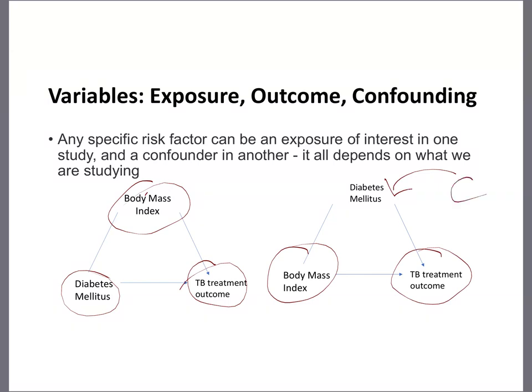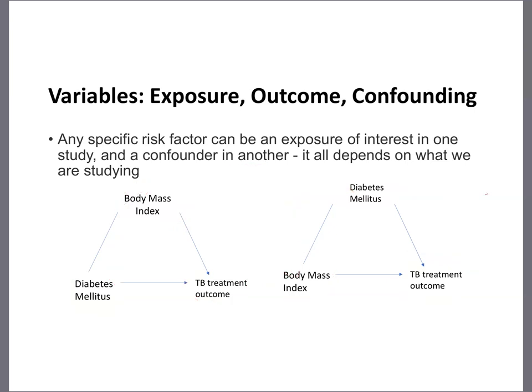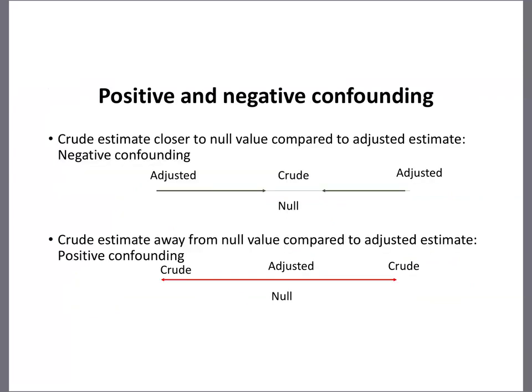So there is no hard and fast rule that body mass index will always be a confounder. Remember your age, sex, your socioeconomic status, all of these can be your exposure. They need not always be potential confounders. So depending upon your research question, your variable can be either an exposure, an outcome, or a potential confounder. This is what I want to tell you all with this particular slide. So don't ever think that age and sex can always only be your confounders.